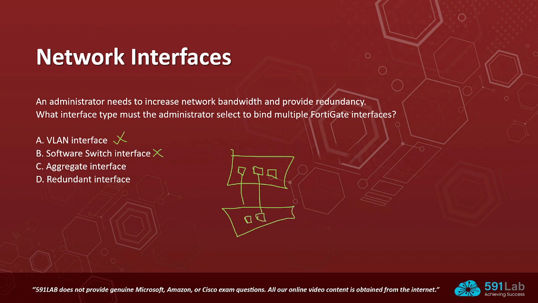We can use an aggregate interface to group these interfaces, and for example, if I have 1 gigabit on one and 1 gigabit on the other, we can have redundancy and provide better network bandwidth, because if you apply an aggregate interface, the traffic goes through both, and in the FortiGate or the device, you are going to see this interface as one.